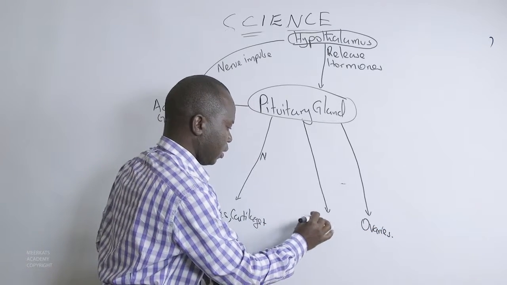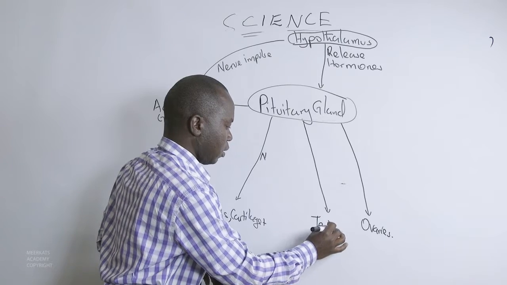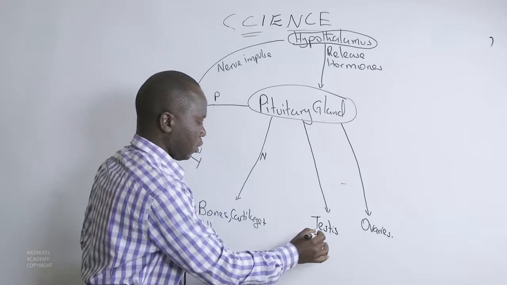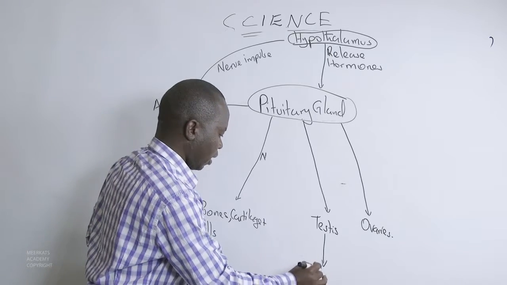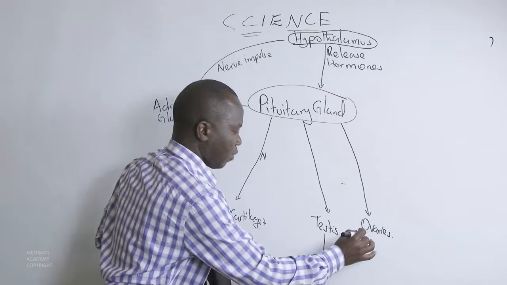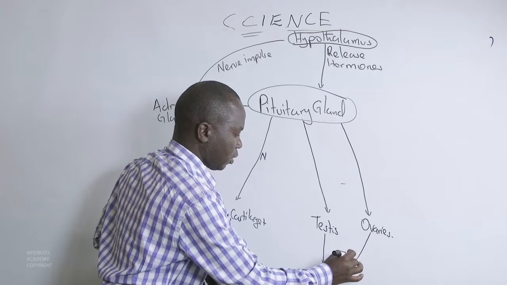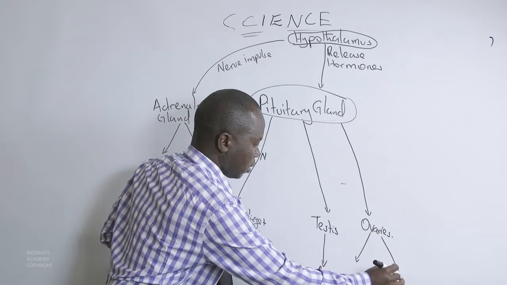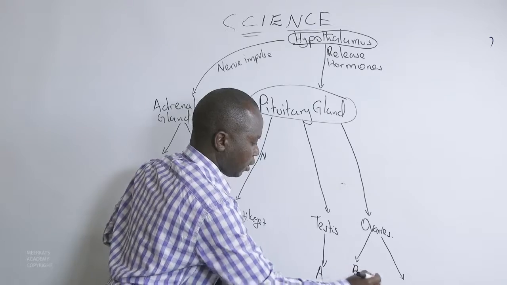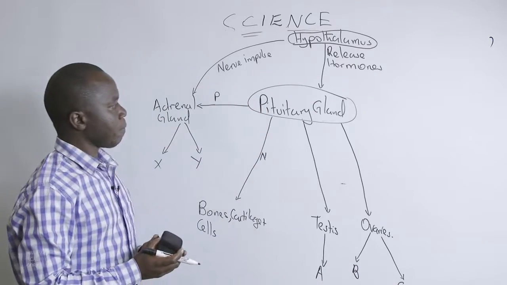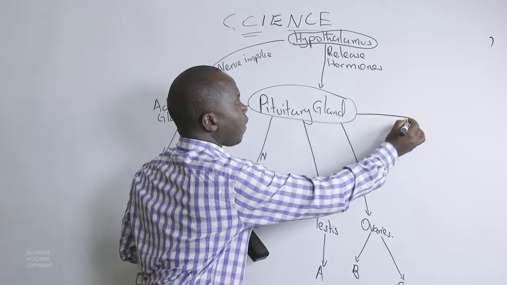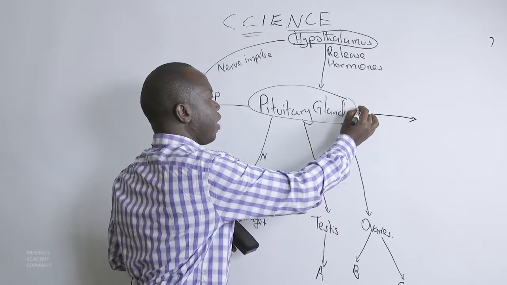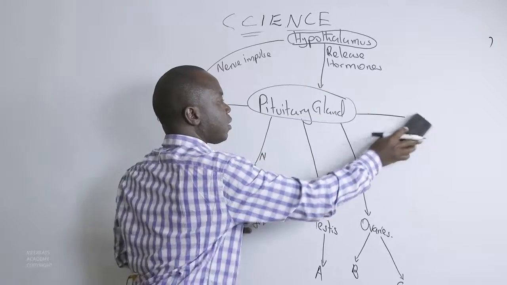And then to the testes. So testes will release a hormone, hormone A. And the ovaries will release 2 hormones, B and C. Then we have a hormone, antidiuretic.